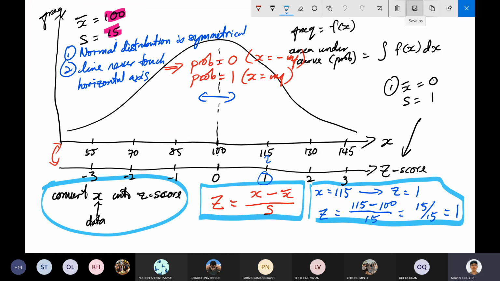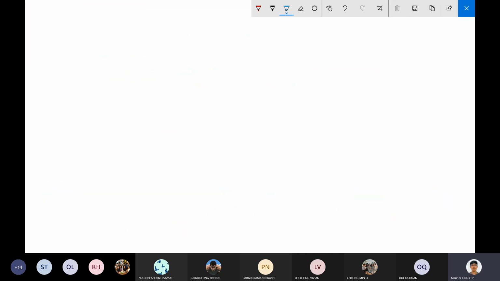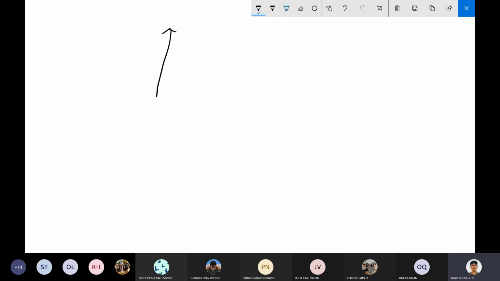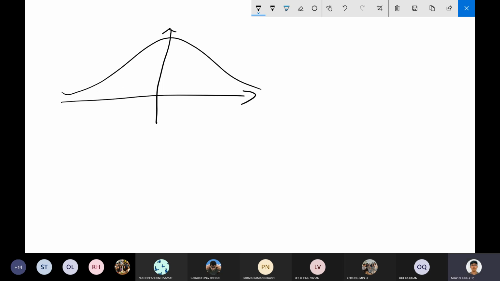Let us just say that in the normal distribution, I want the shaded area to be, let's say, 0.07.